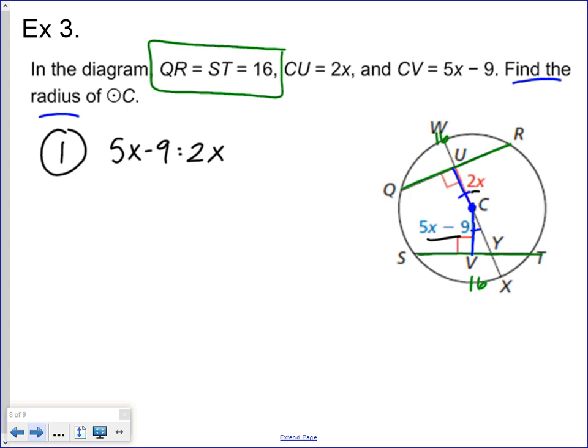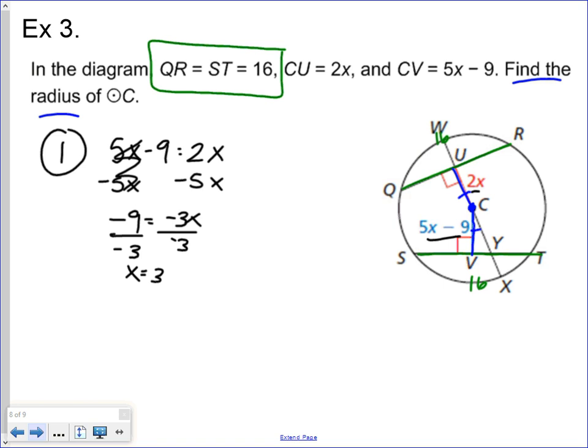You got to move your x's to one side and your constants to the other. So if you're going to move the 2x over, you need to be prepared to move the 9 back over to the other side. That's why I just go ahead and move the 5x over, because now the 9's already on one side and the x's are already on the other. Divide by -3 and we get x equals 3.